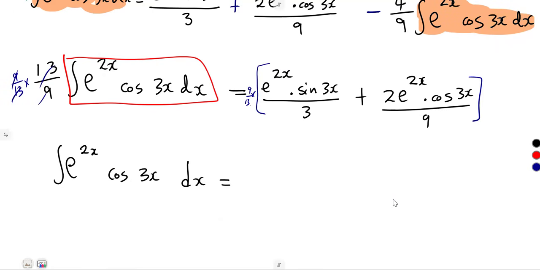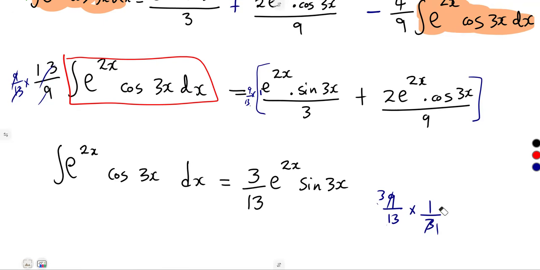This is the same as 1 over 3, so it's going to be 3 over 13, or just use your calculator. 3 over 13 of e to the exponent of 2x, the sine of 3x.